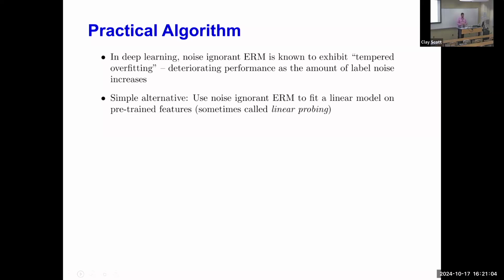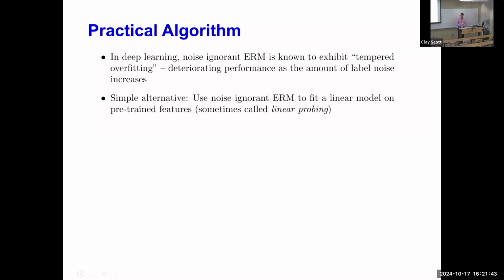If you have followed the developments in deep learning, it's well known that if you take a deep learning architecture and you have noisy labels and you train it conventionally on those noisy labels, the performance on clean test data degrades as the amount of label noise corruption increases.